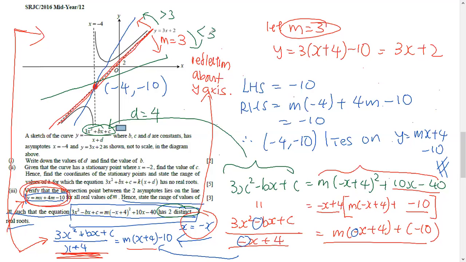So you see, for more than 3, I will have one intersection, two intersections. For less than 3, there will be no intersection. So therefore, we clearly want m to be more than 3. What I need here is clearly for m to be more than 3.